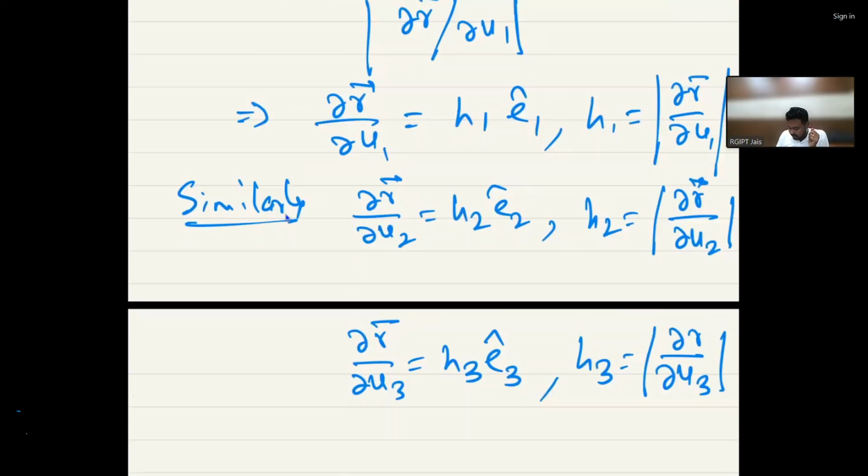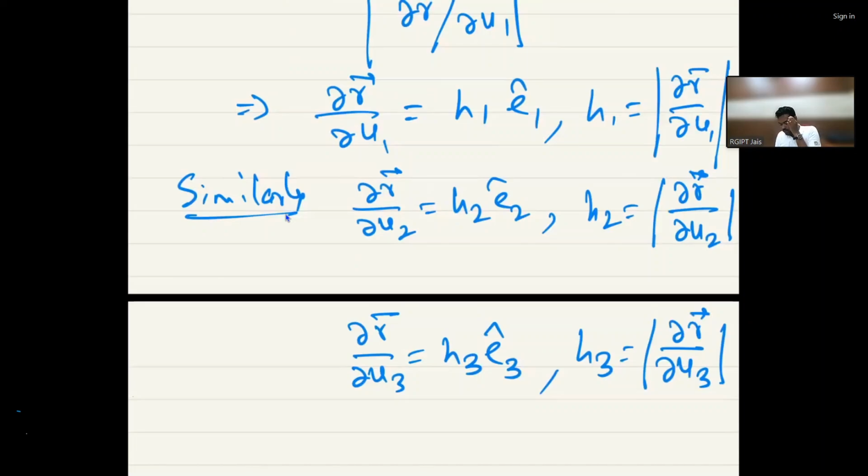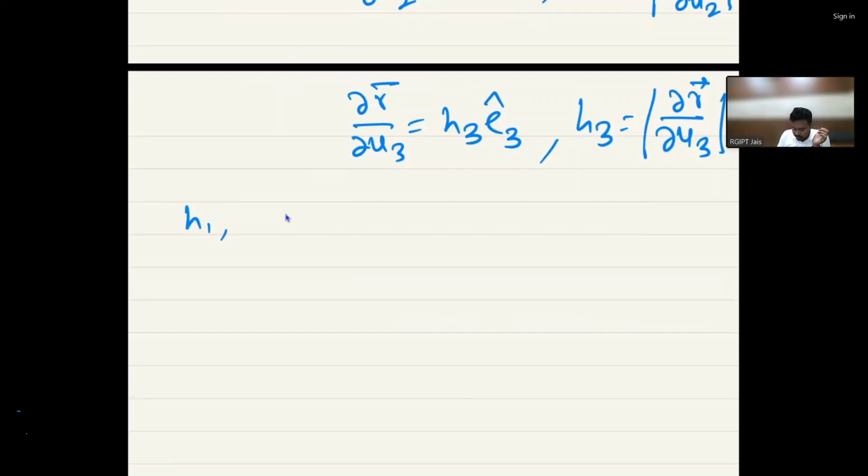These are vectors. And what are H1, H2, H3? These are called scale factors.